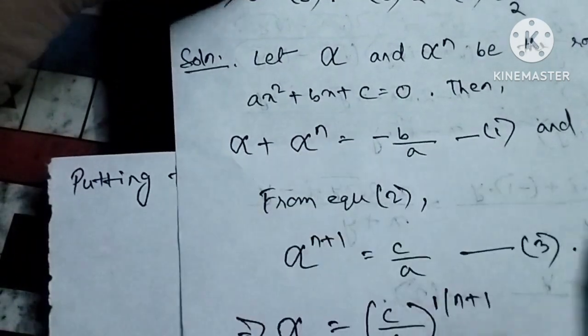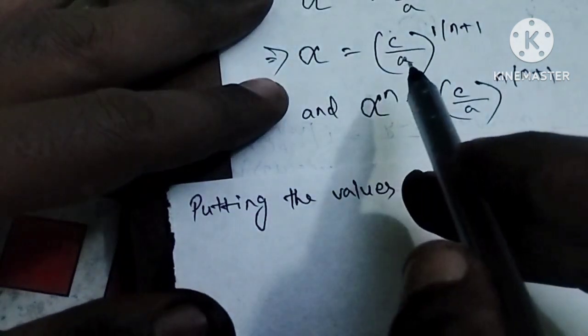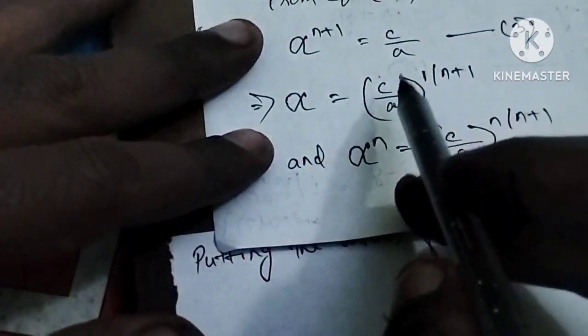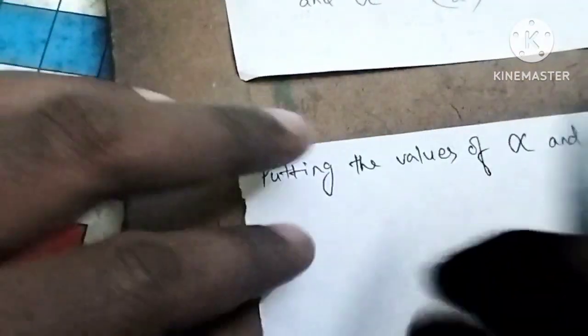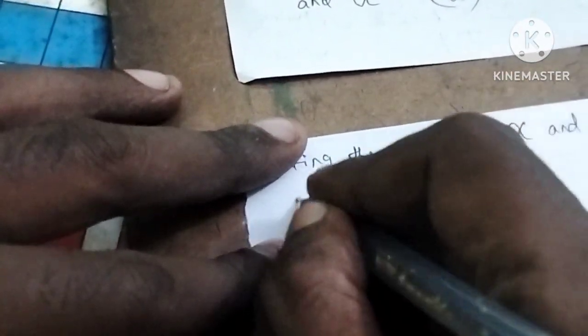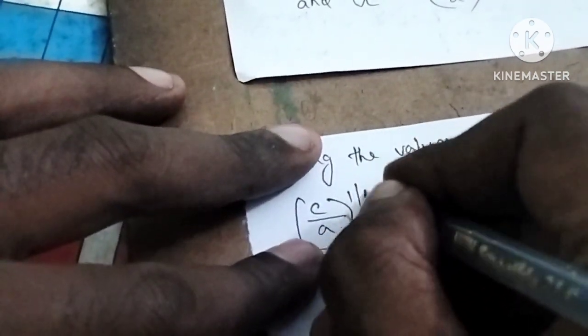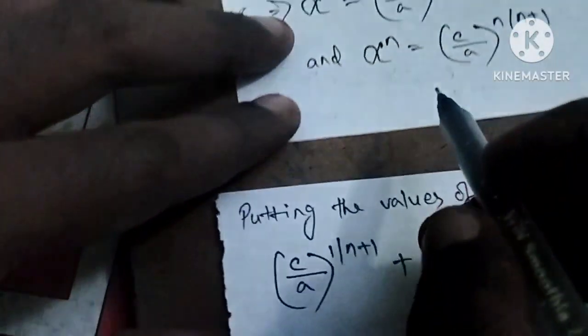So we'll replace alpha by c by a to the power 1 by n plus 1. So we will write c by a to the power 1 by n plus 1 plus alpha to the power n. So alpha to the power n is what?